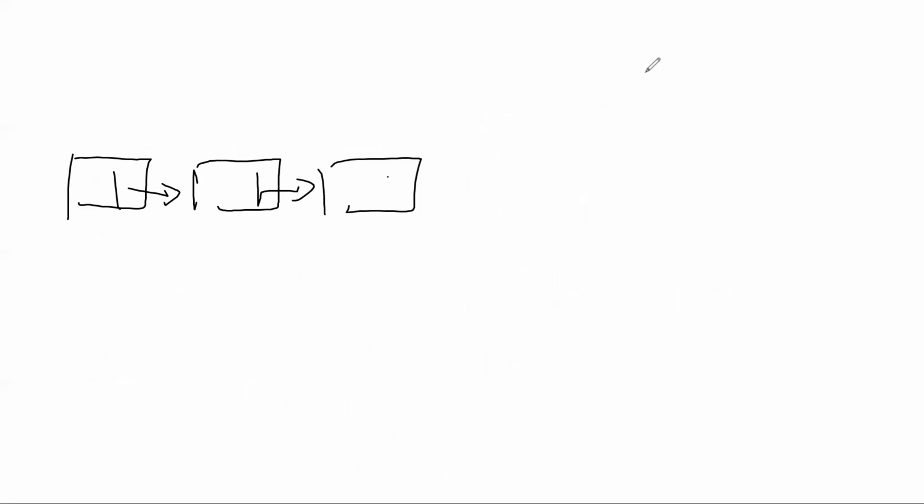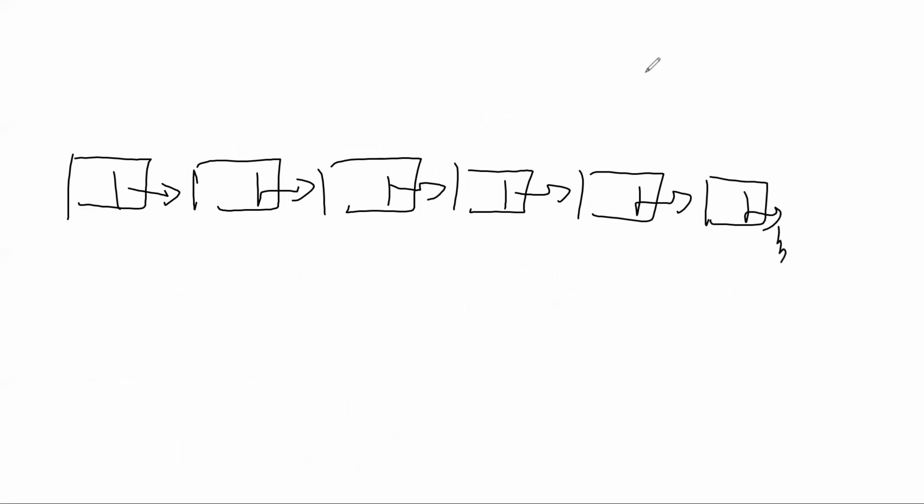Okay. So then how do we do this kind of traversing? The concept to do traversing is something like this. Suppose we only have this many nodes. We have 100, then 200, 300, 400, 500, and 600, and we know the first node.